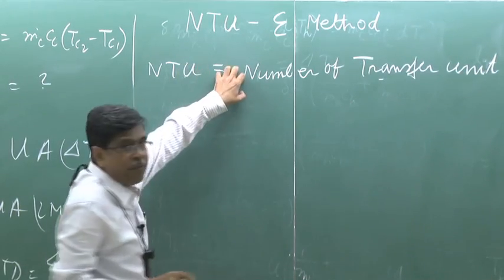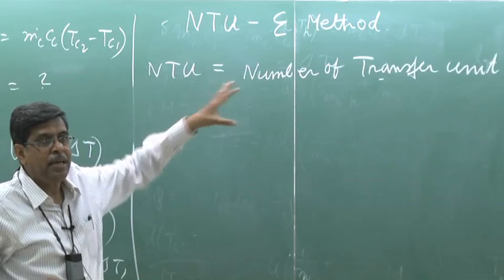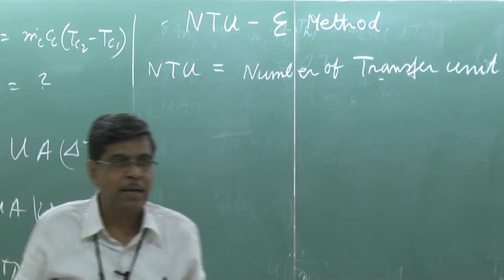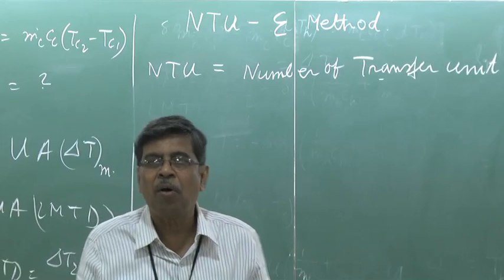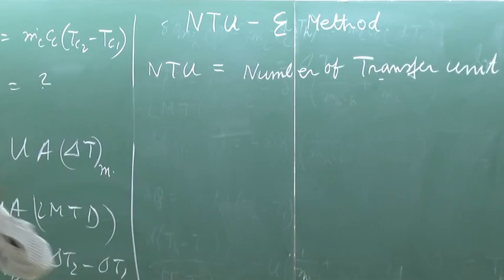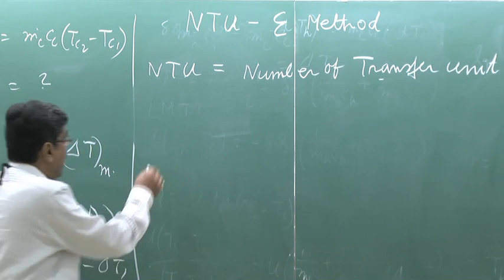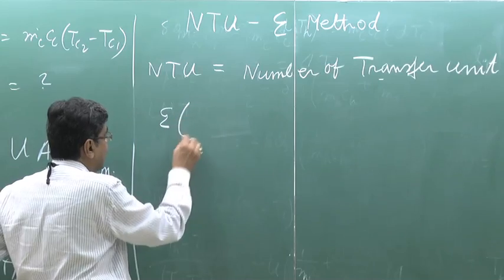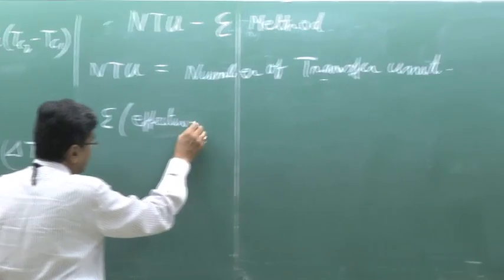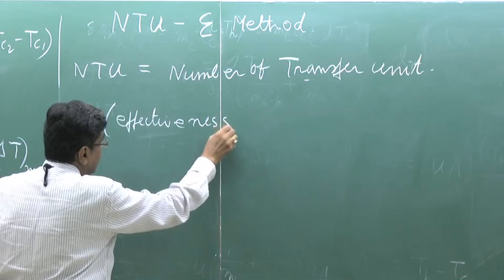I will come to this afterwards, because if I write the NTU expression now, like the Nusselt number hD by k, you will be nowhere, so why unnecessarily all this, because automatically in the course of deduction a term will come which is a non-dimensional term known as number of transfer units. Epsilon is known as effectiveness, which is also a non-dimensional term.